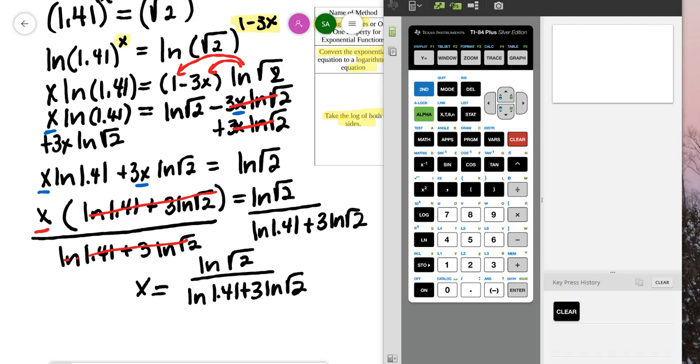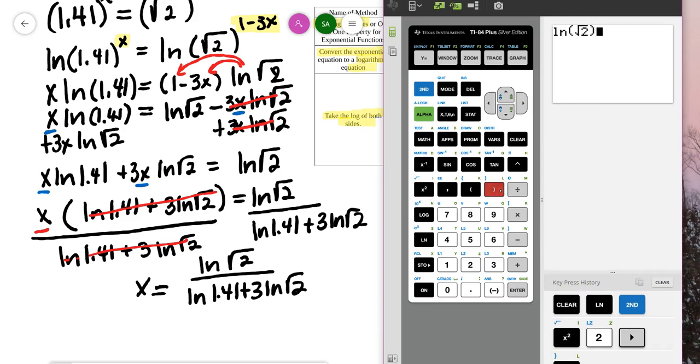I'll put that in my calculator so I can round to 4 decimal places. Natural log square root of 2 over, I need parentheses for my whole denominator, natural log 1.41, close parentheses for that natural log, plus 3 natural log square root 2.